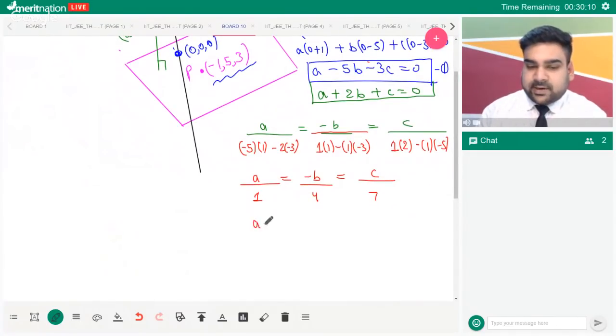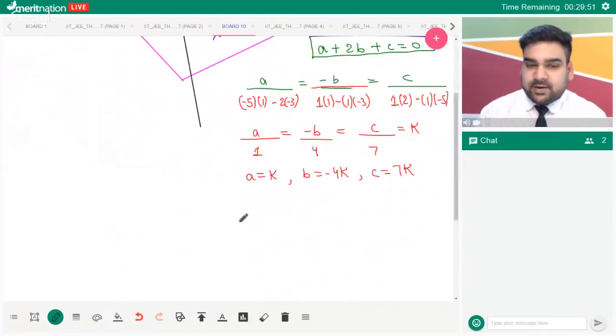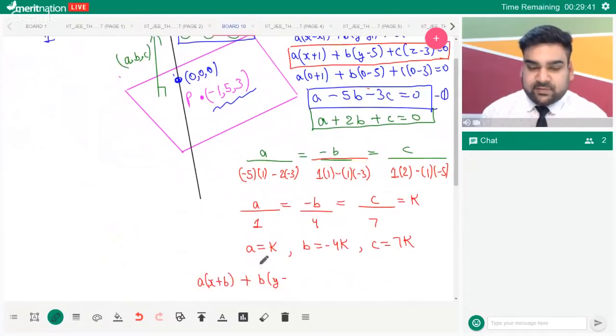And we can write that, if I put this ratio equal to k, a is equal to k, B is equal to minus 4k, and C is equal to 7k, right? And the same values I can substitute over here in the equation of this plane. The equation of this plane, we were getting A times x plus 1 plus B times y minus 5 plus C times z minus 3, that's equal to 0.